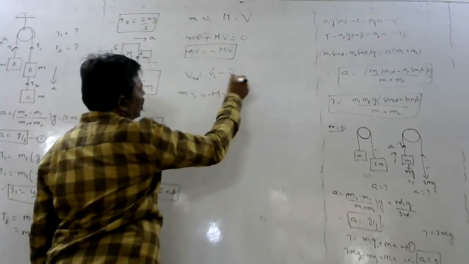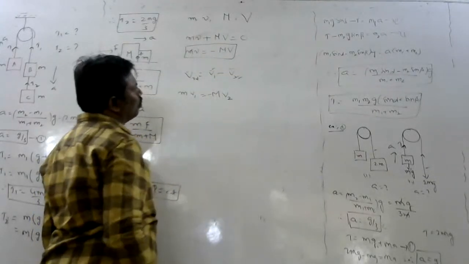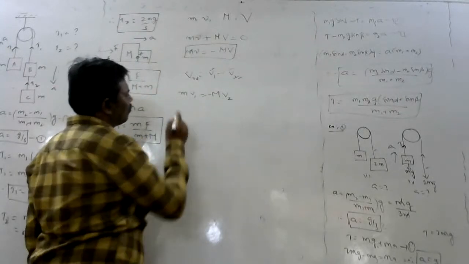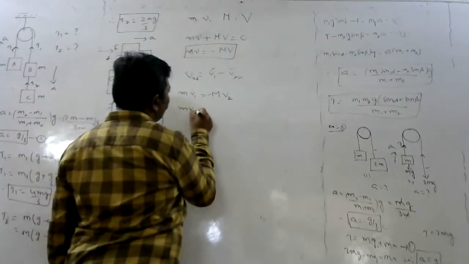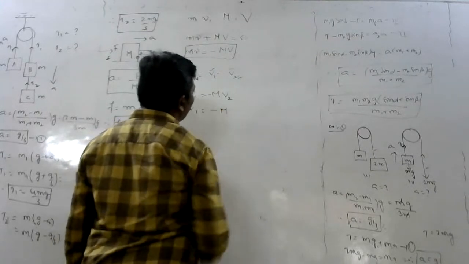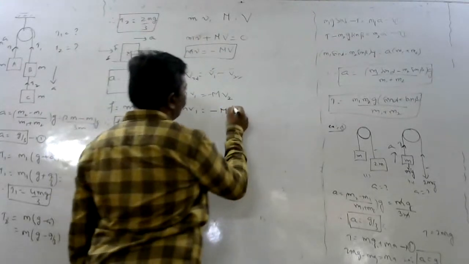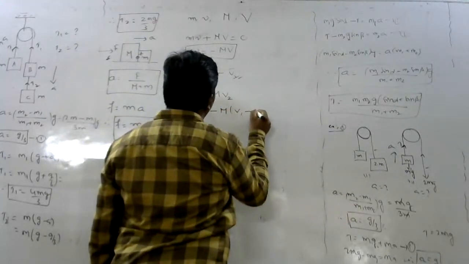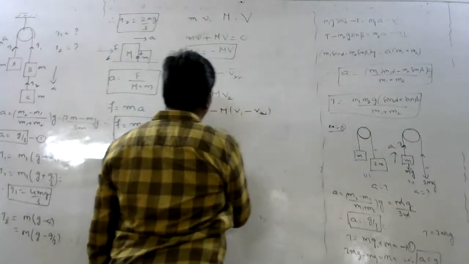From this, V2 is equal to V1 minus V relative. So m V1 is equal to minus M into (V1 minus V relative).